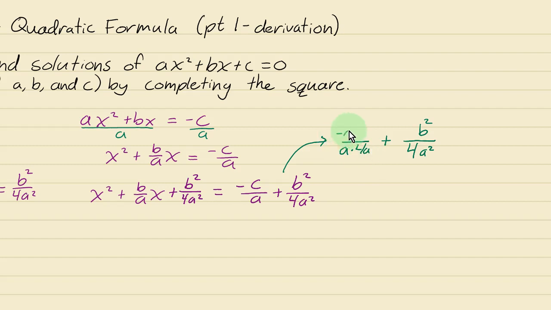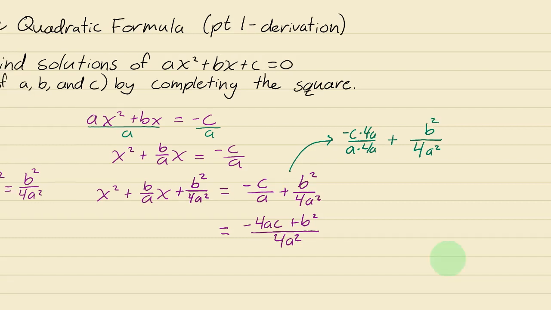And then you can also do negative c times 4a in the top. So I multiplied both the top and bottom by the same thing, so I'm not changing the fraction. And now both of the denominators are 4a squared. So you can write this all as negative c times 4a. Let's just write that as negative 4ac plus b squared all over 4a squared.